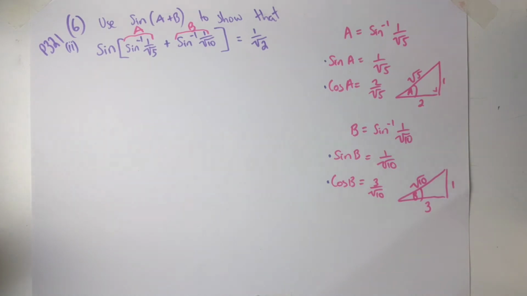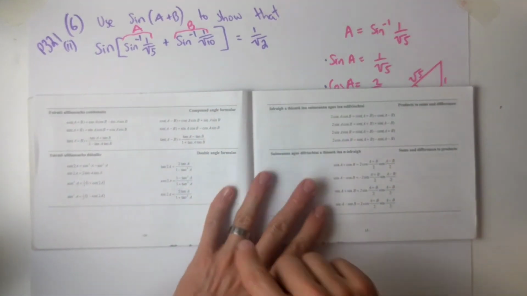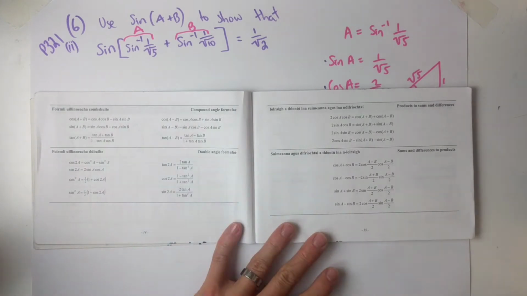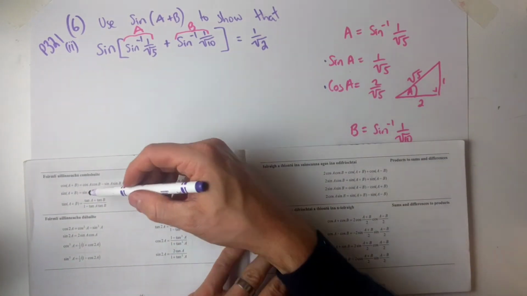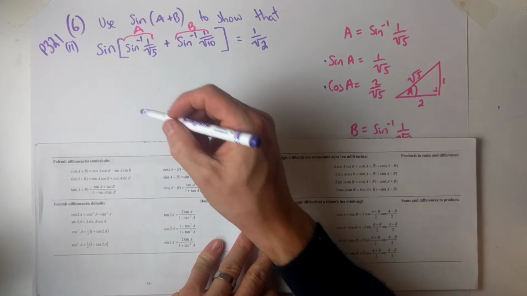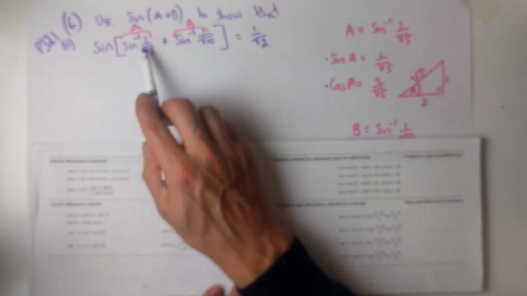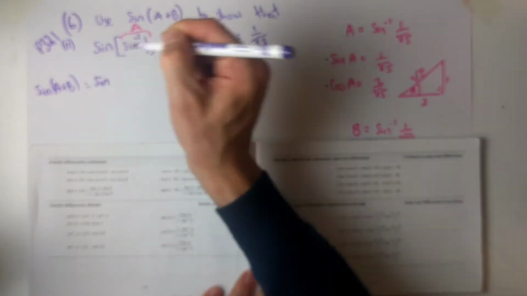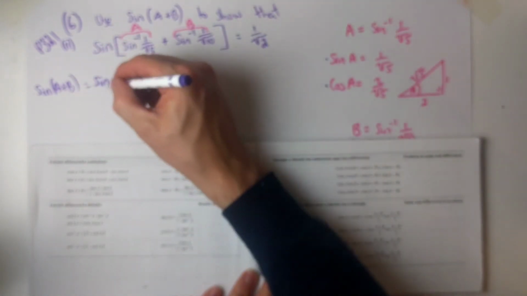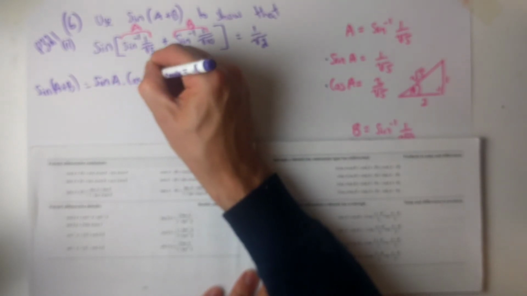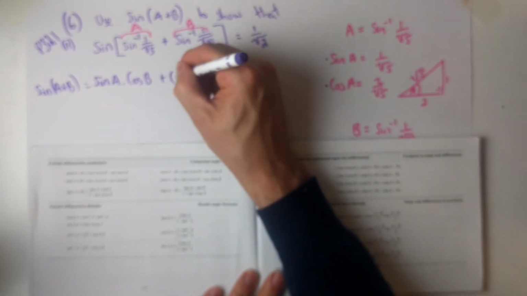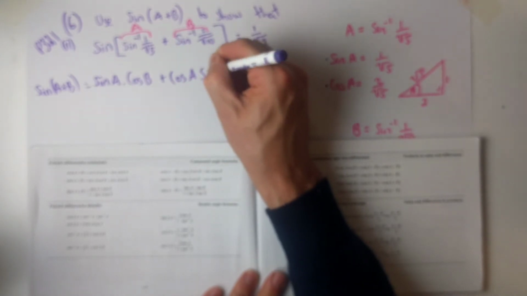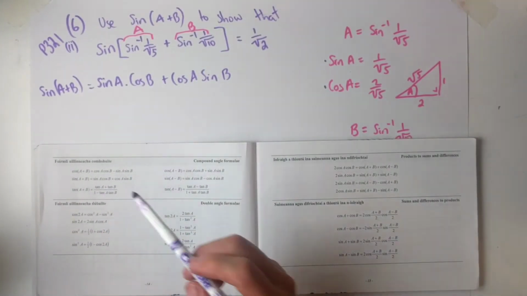Go to your log tables and look for sine (A plus B), and see that sine (A plus B) is sine A cos B plus cos A sine B. So sine (A plus B) is equal to sine A cos B plus cos A sine B. That's the second one on the left, page 14.